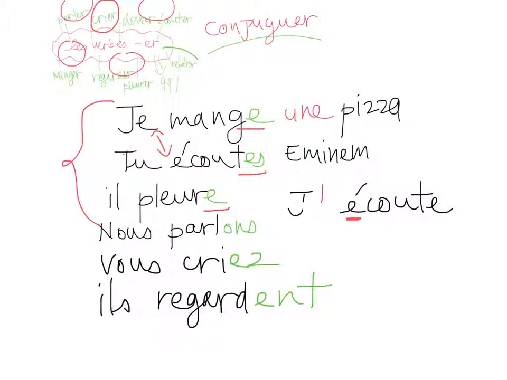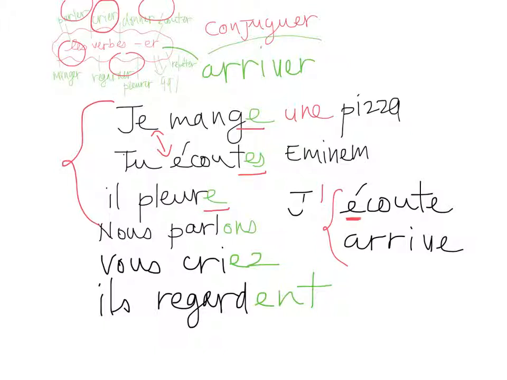I can add another verb here, arriver, to arrive. It is the same thing. You are going to say j'arrive. You see? Just get rid of the E at the end, because in French we think it is ugly to say je écoute, je arrive. It does not sound right. So we say j'écoute, j'arrive.